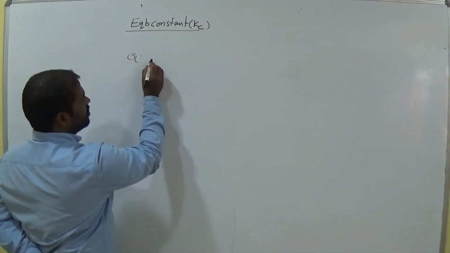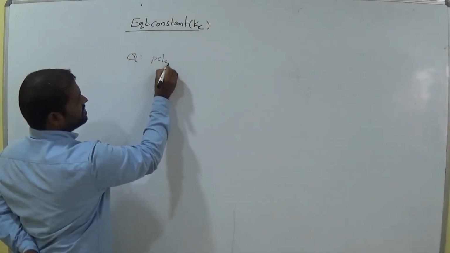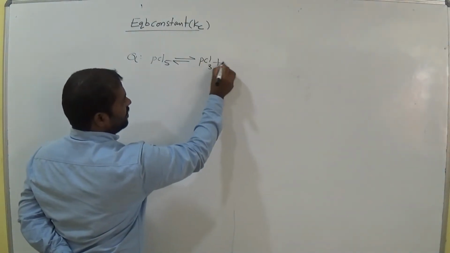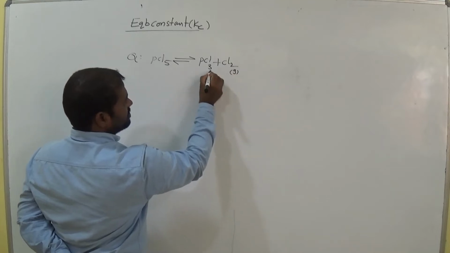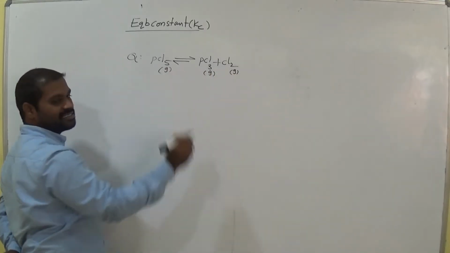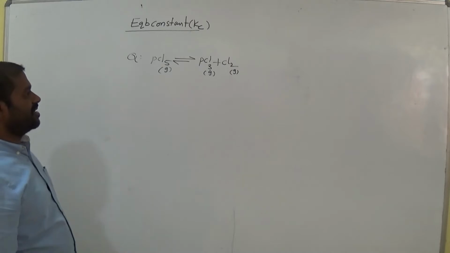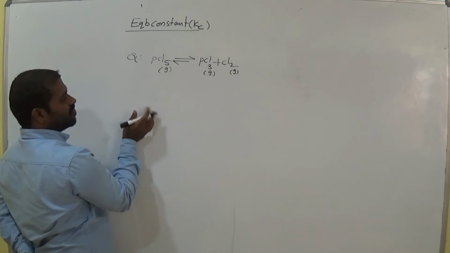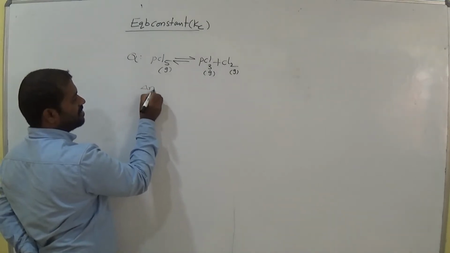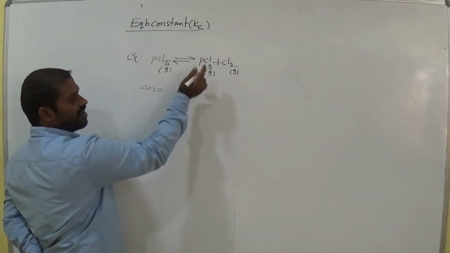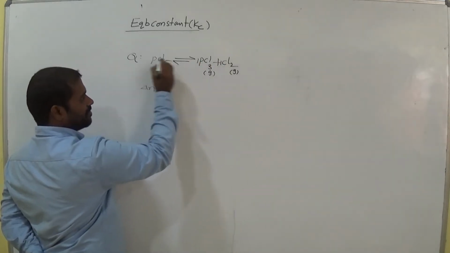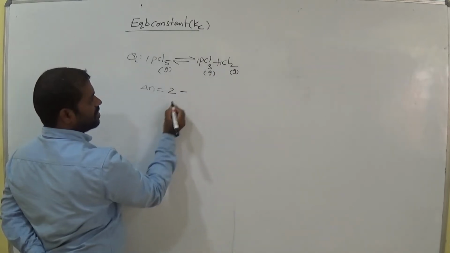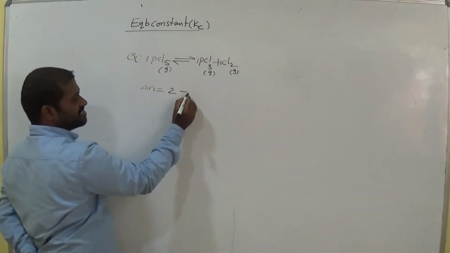For example, this is a question for you. PCl5 reversible PCl3 plus Cl2. It is a gaseous chemical equilibrium. So for this one, what is delta n? Delta n means number of moles of gaseous products, that is 1 plus 1, 2, minus number of moles of gaseous reactants, 1.